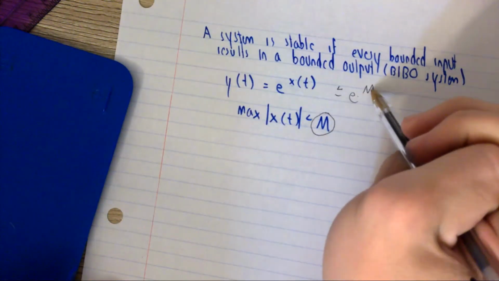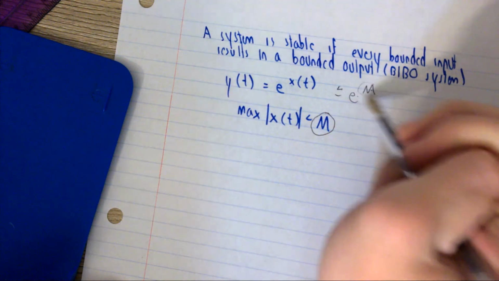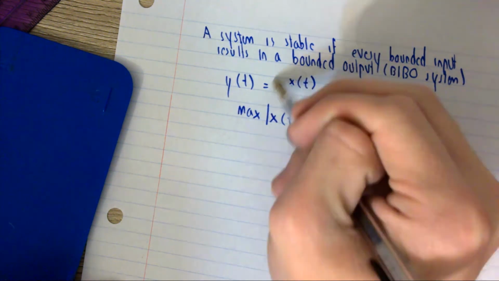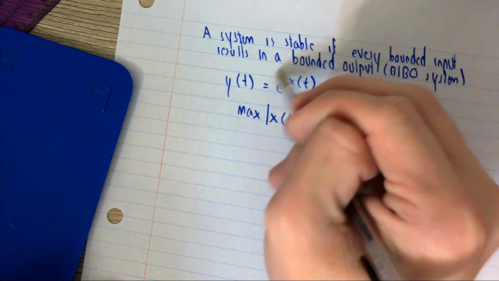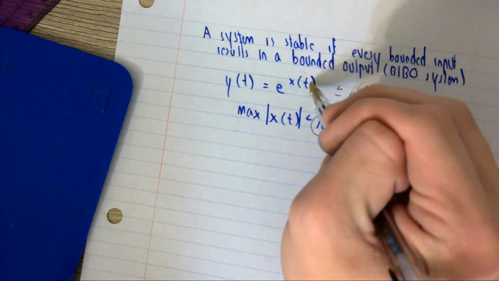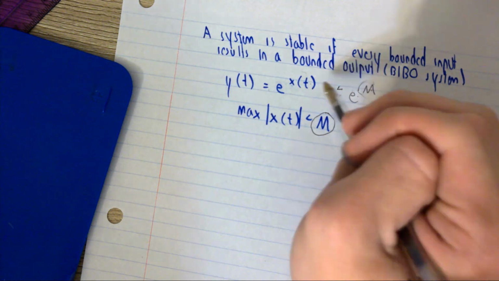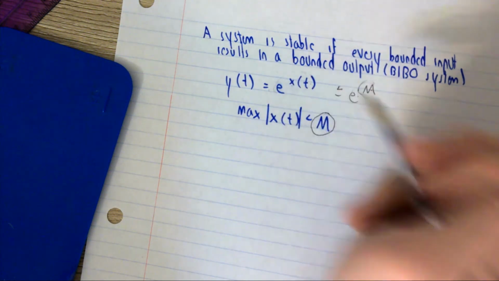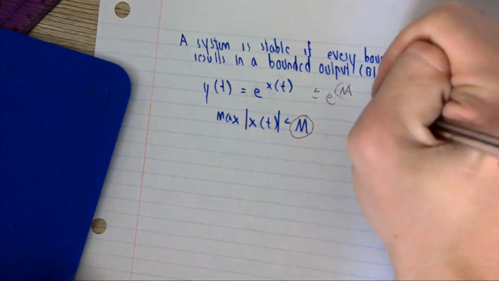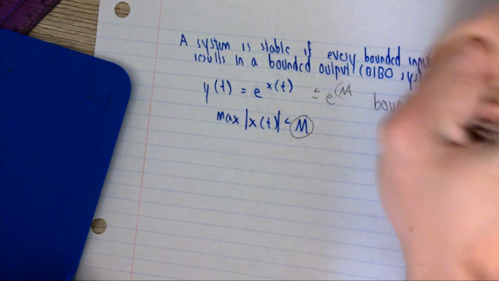If this is a constant value, then this system will be bounded as well. Since the input here is bounded, the output should be bounded.